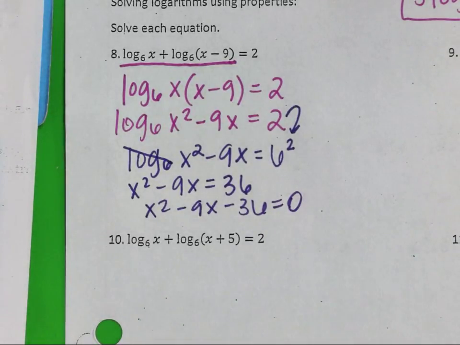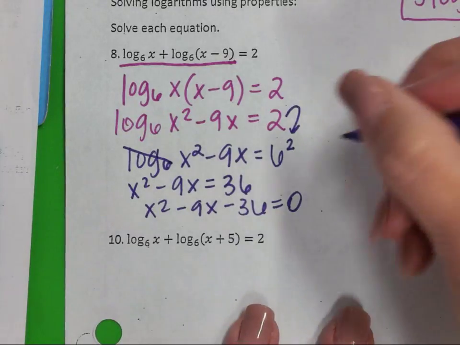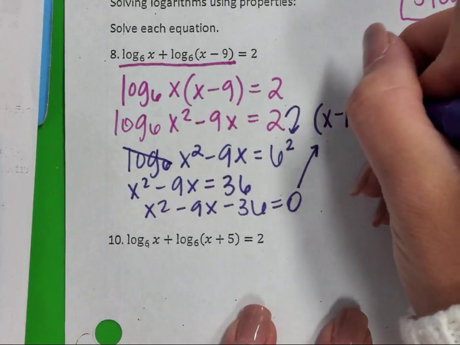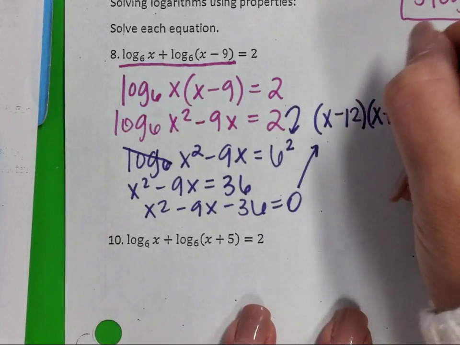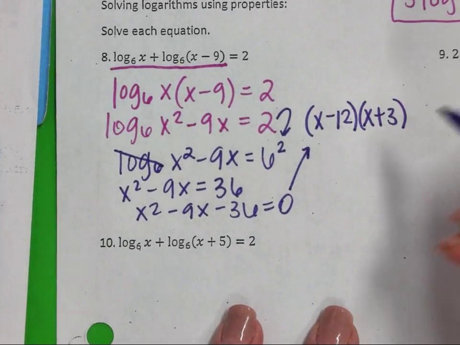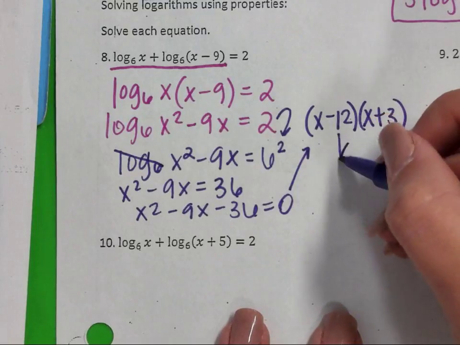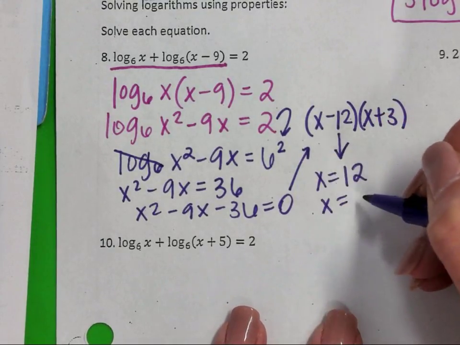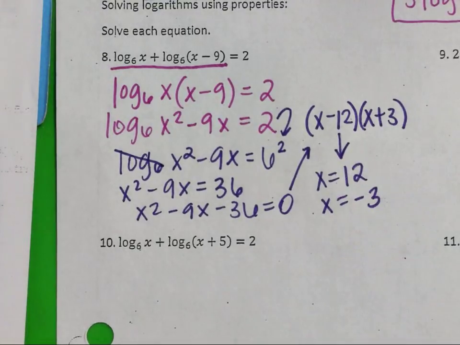Go ahead and think of what are factors of negative 36 that could add together to be negative 9. Negative 12 and 3. Very good. Now to solve, we set these equal to what? So we have x equals 12 and x equals negative 3. Only thing, we have to make sure we don't have negative logs.